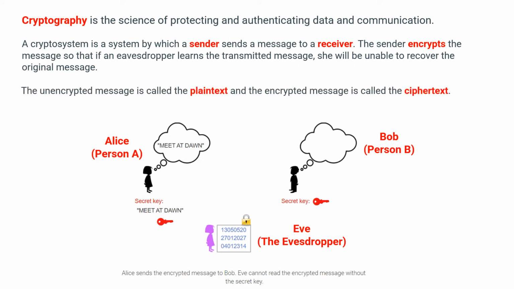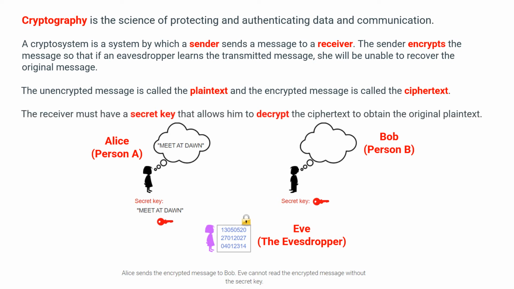So the unencrypted message that Alice would be trying to send is called the plain text, and the encrypted message is called the ciphertext. And we'll see some more of that here in some of our examples. The receiver must have what we call a secret key that allows him to decrypt the ciphertext to obtain the original plain text.